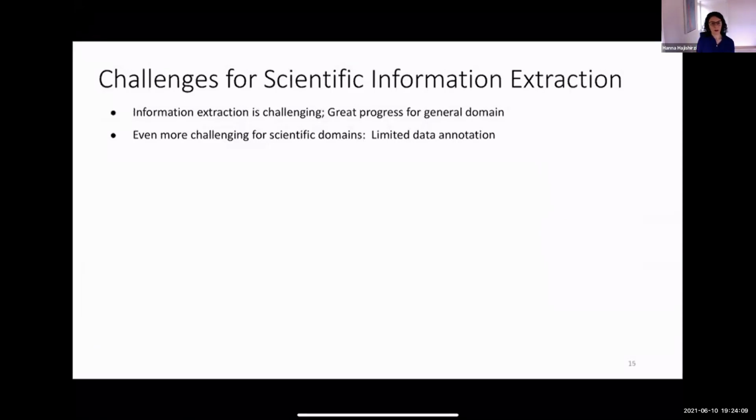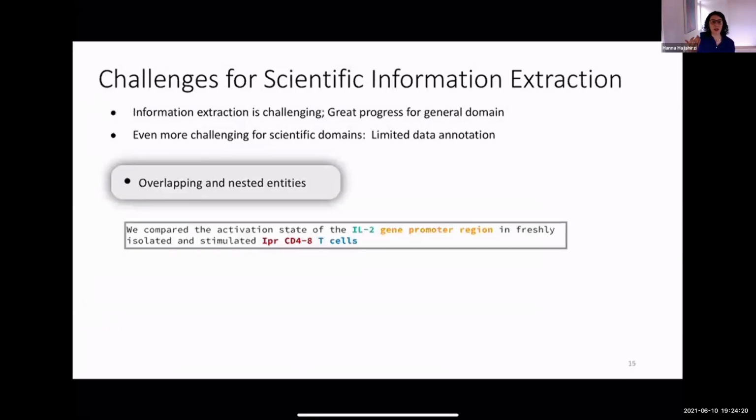Okay, so we know information extraction overall is challenging. We've seen great progress in the general domain, but it's even more challenging in the scientific domain, even beyond limited data annotation. Let's look at this example, which comes from biomedical data.